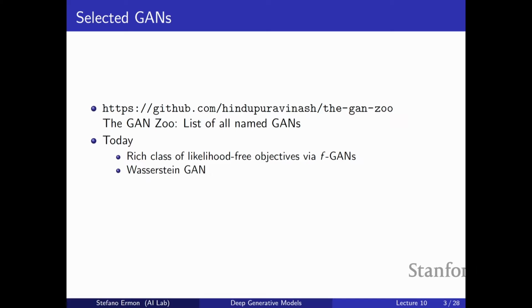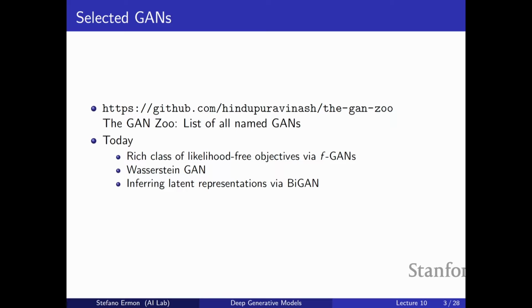And we'll see that there is also another extension or similar framework that allows you to approximately minimize some notion of the Wasserstein distance between model and data distribution. And we'll also see how to get latent representations from generative adversarial networks.